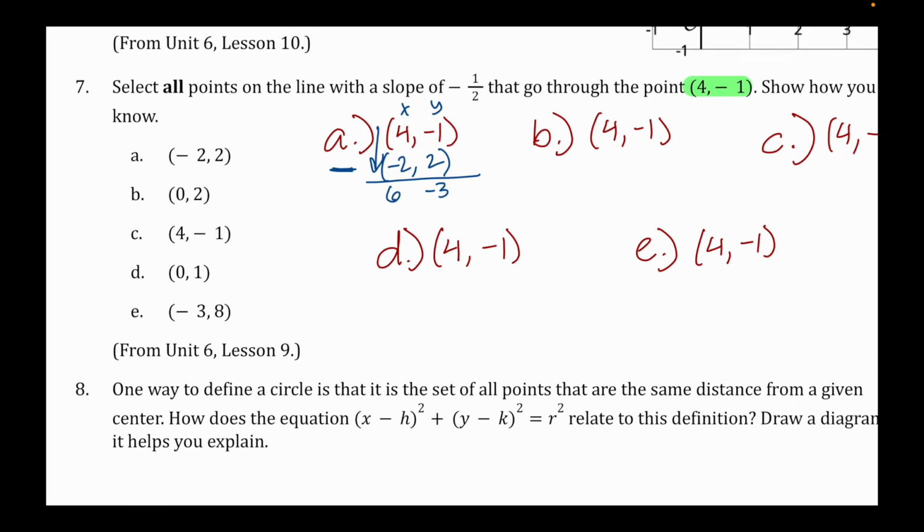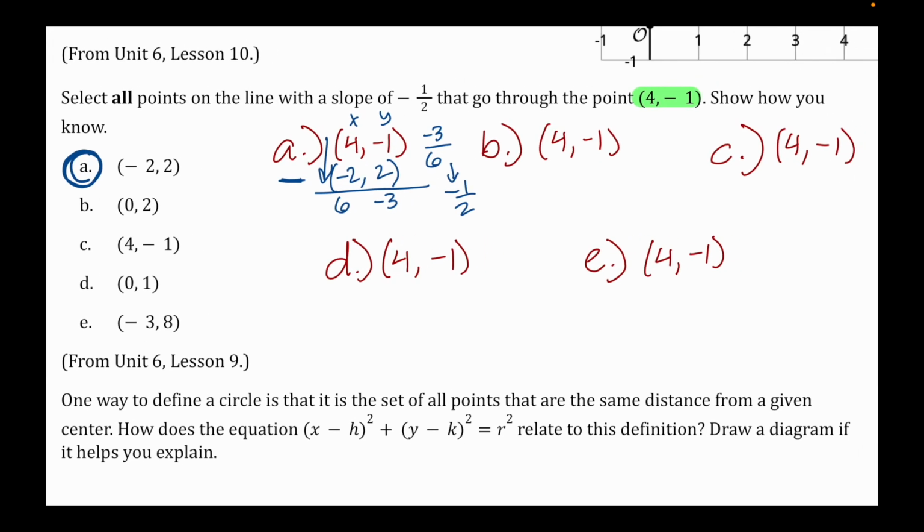So I would put -3 over 6 because I'm doing the y over the x. So -3 over 6, and that does become -1/2 when we simplify it. So this would be on the line.